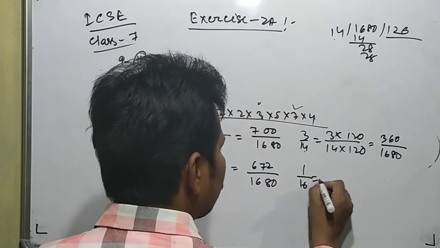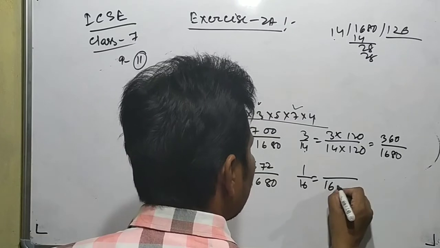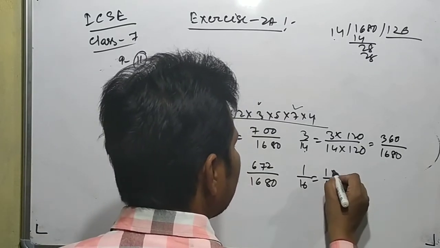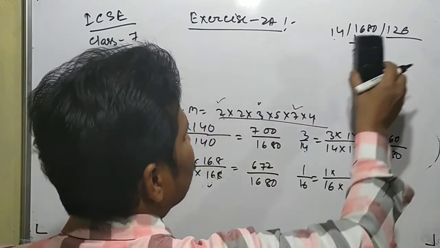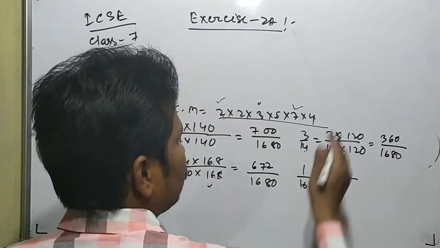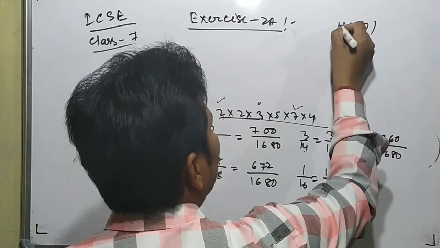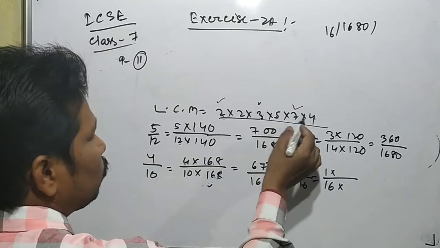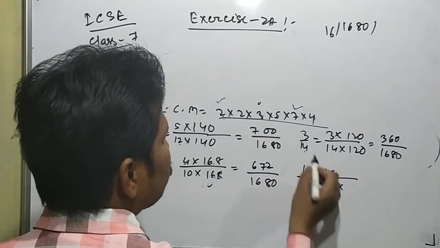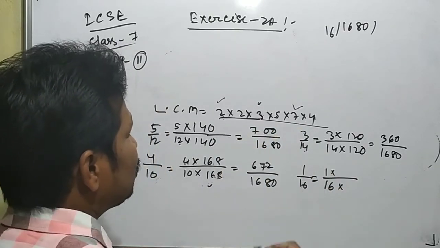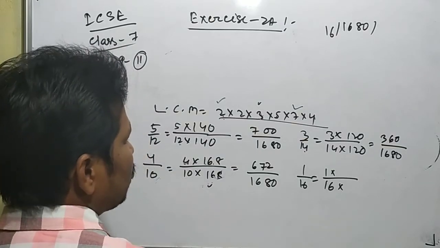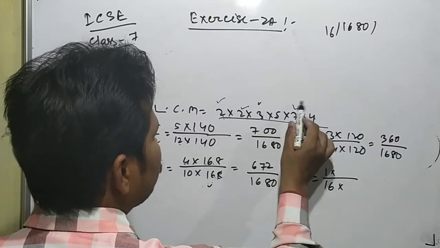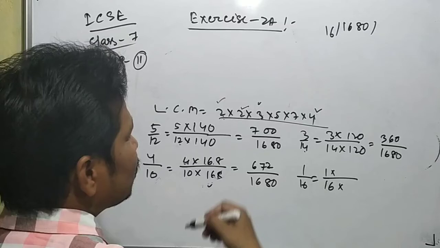1 by 16 equals 16 into how much, and 1 into how much? Here again you have to divide 1680 by 16. We have to take the 16 from here. Which numbers will you multiply so that the result will be 16? 2 into 2 into 4, the result will be 16.